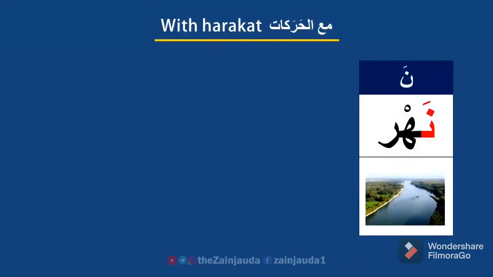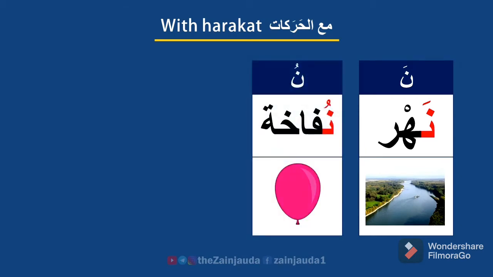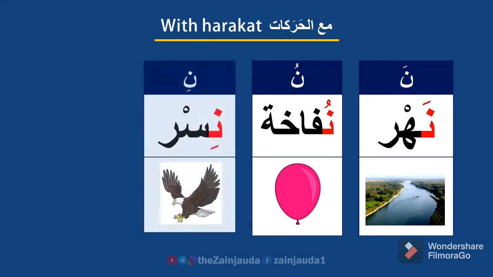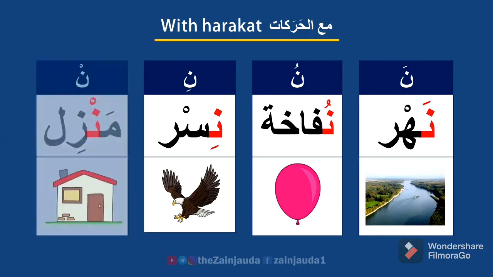Now, examples of Noon with the Harakat: with Fatha, Nahr; with Dhamma, Nufakha; with Kasra, Nisr; and with Sukun, Manzil.